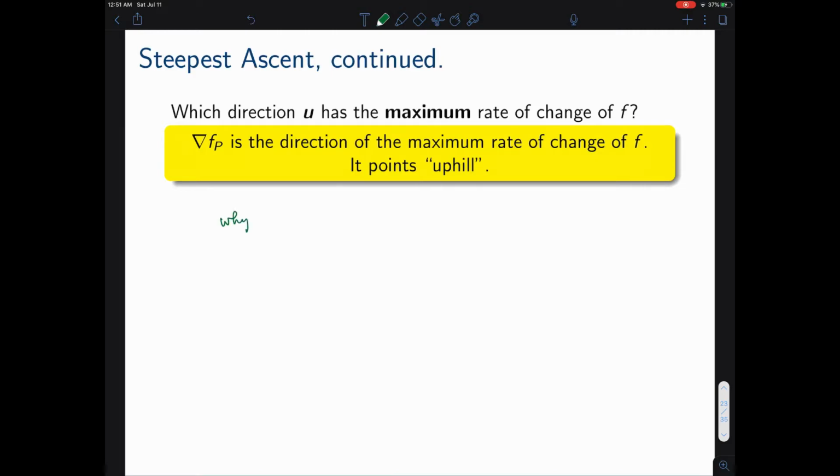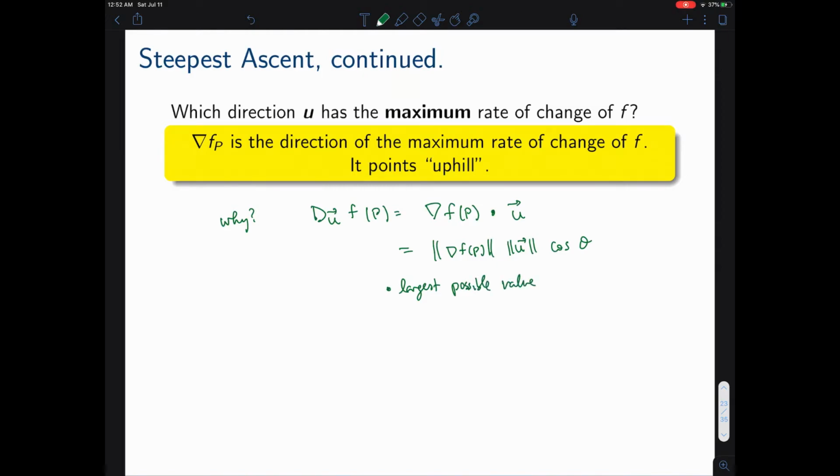We could ask why that is. The rate of change in the direction u of function f at point P is the dot product of the gradient of f at point P with u. That is the magnitude of the gradient times the magnitude of u times the cosine of the angle between them. What's the largest possible value for this?